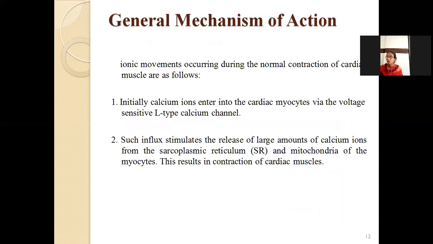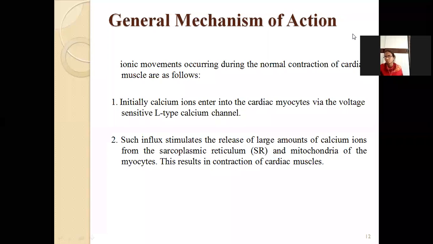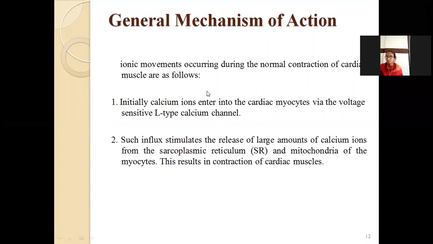Next, what is the general mechanism of action? How does the drug act in our body? First, the ionic movement occurring during the normal contraction of the cardiac muscle. Initially, calcium ions enter the cardiac myocytes via voltage sensitive L-type calcium channels.